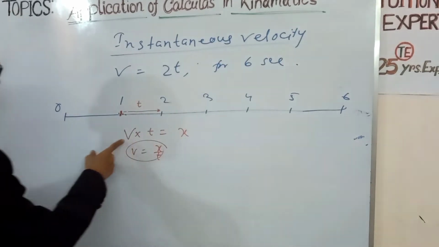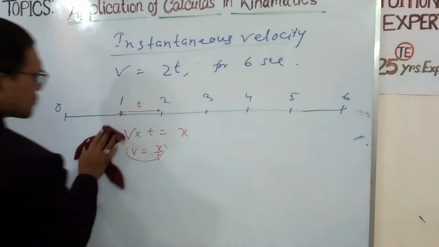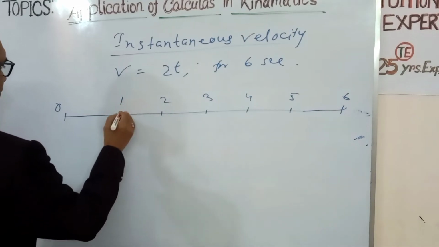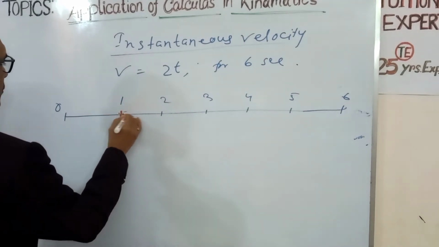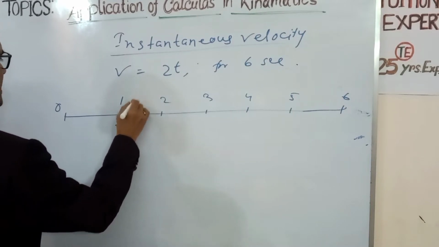So how can we apply this formula, velocity into t equal to x? Here we calculate this way. Suppose this is t, and for this time interval there is a small time gap del t, and this distance is del x.